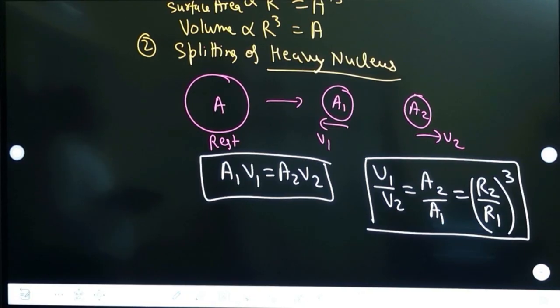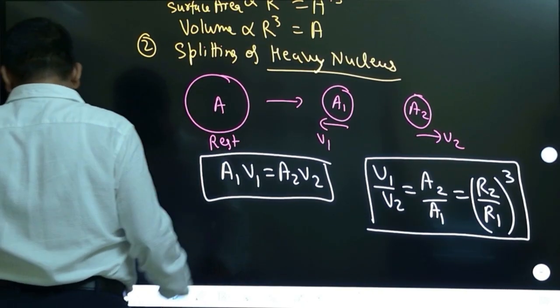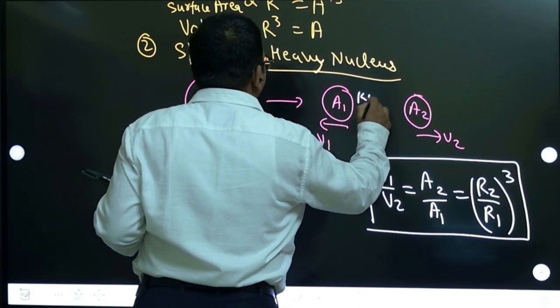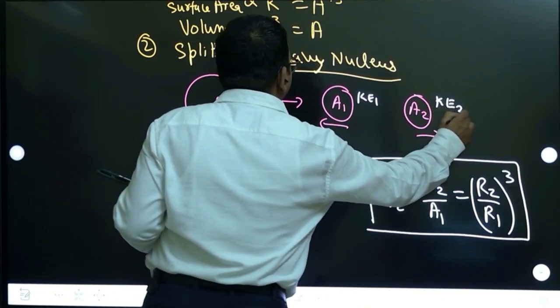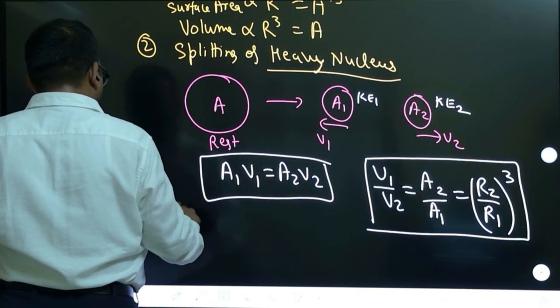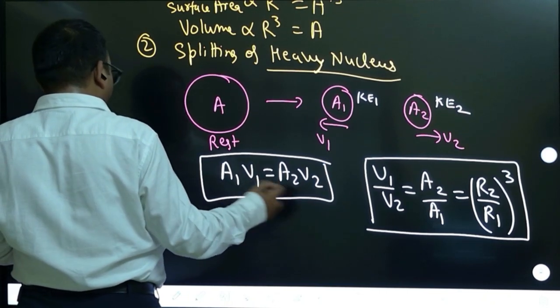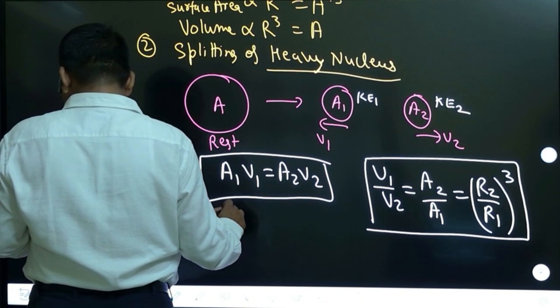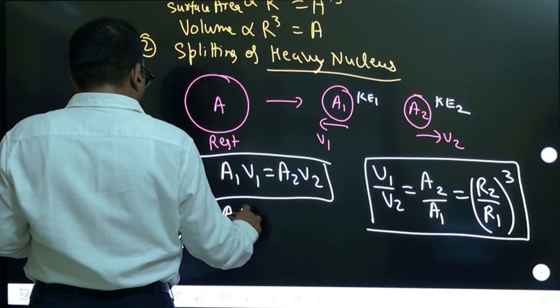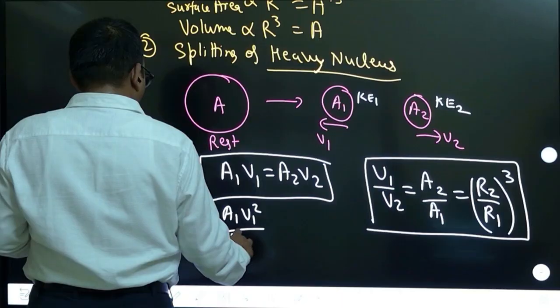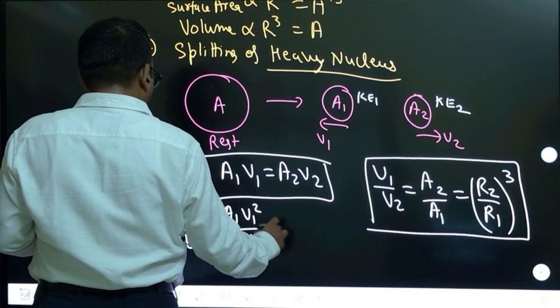And what about kinetic energy ratios? Suppose this has kinetic energy 1 and that has kinetic energy 2. So kinetic energy 1 by kinetic energy 2 is half mv square, so A1 v1 square by A2 v2 square.